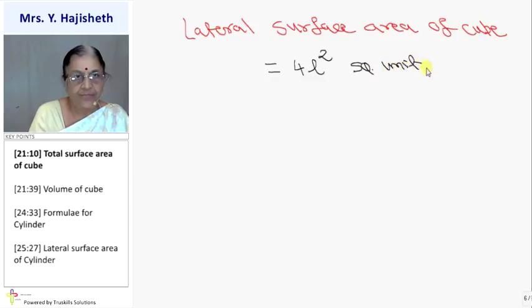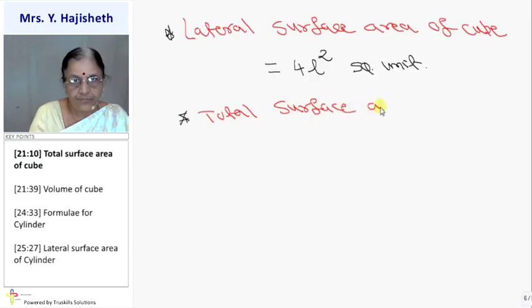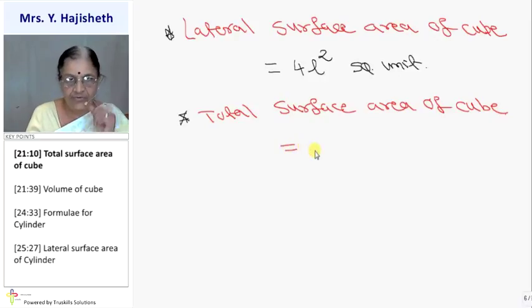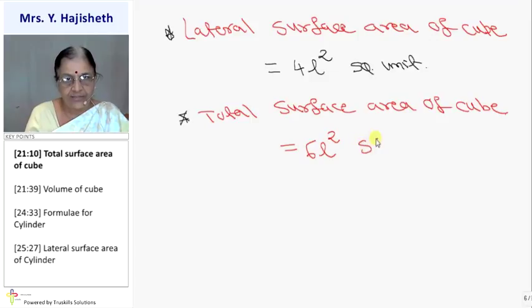Clear? Now what is the total surface area of cube? There are 6 faces of equal area, each area is L square, so 6L square, square unit, okay?